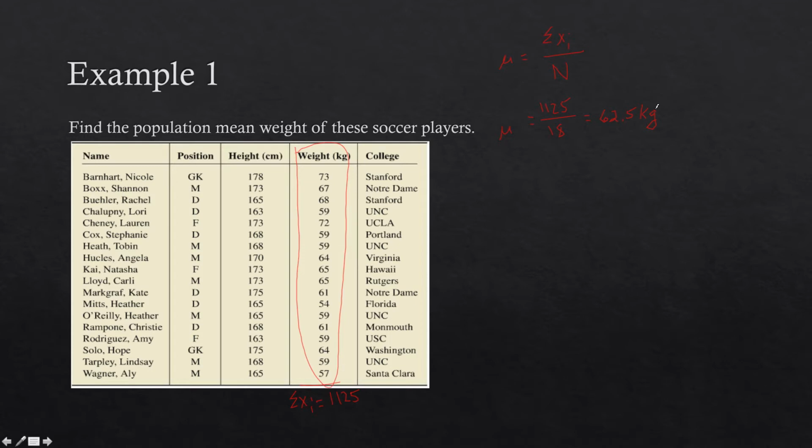Now notice, in theory, we did nothing different than what we did with the sample mean. So don't let whether it says sample or population, in your mind, that's just some different terminology. We're not necessarily doing anything different when it comes to the math of it. Keep that in mind as you work through this. I know there's a lot of terminology in statistics.